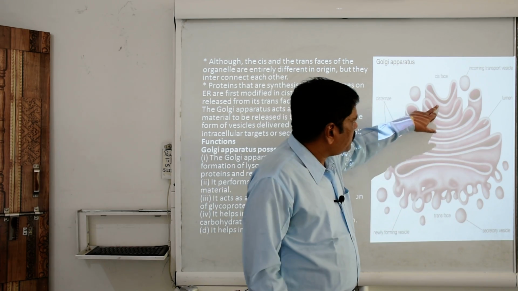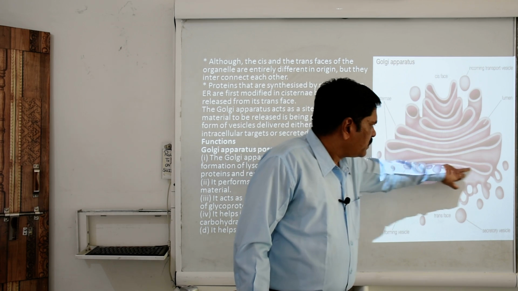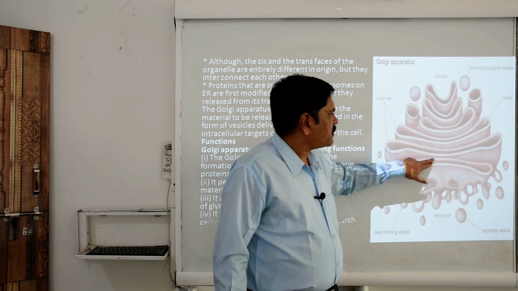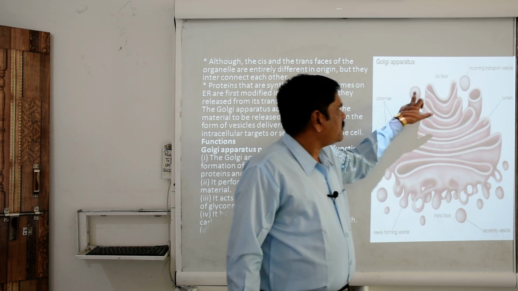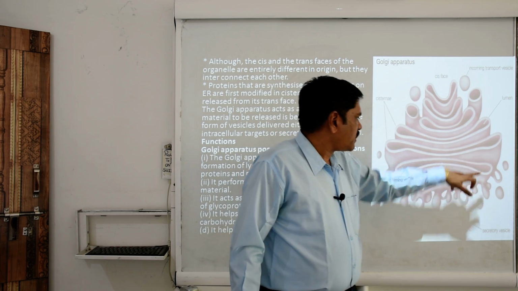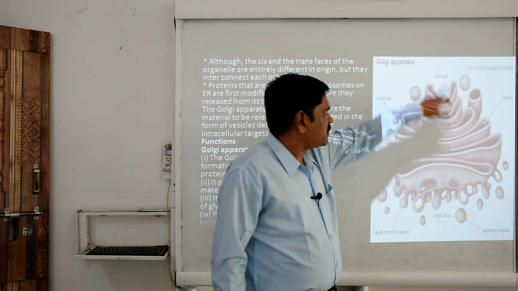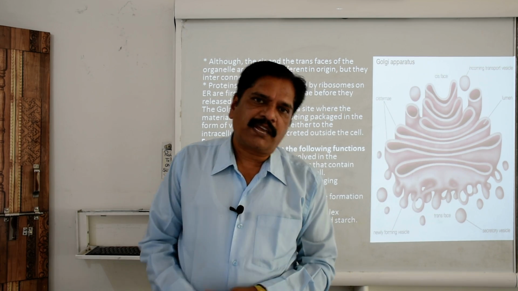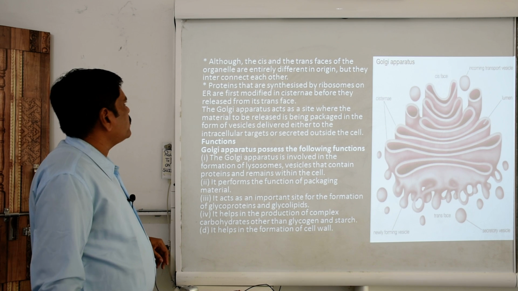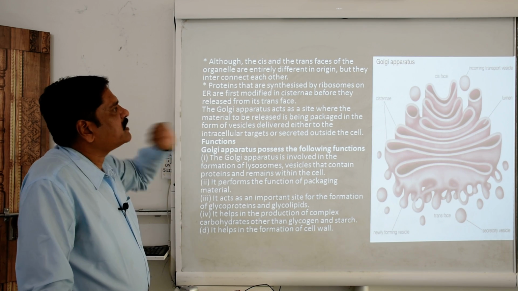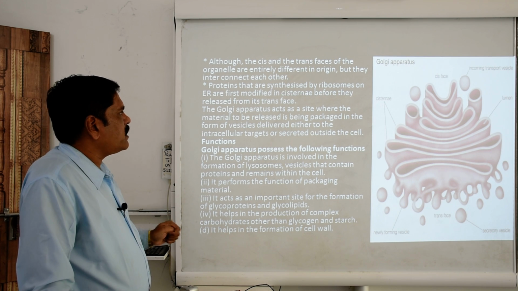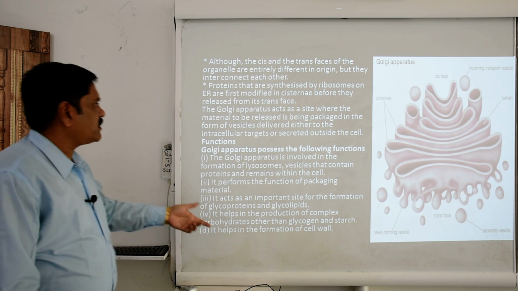Clear? And here you can see the cisternae, these double membranous tubular structures which are arranged parallelly here. Okay, and at the side you can see these vesicles, and these are the vacuoles which are released outside. Okay, so in this Golgi complex you can see that these are basically secretory in nature. Okay, now just see the function.